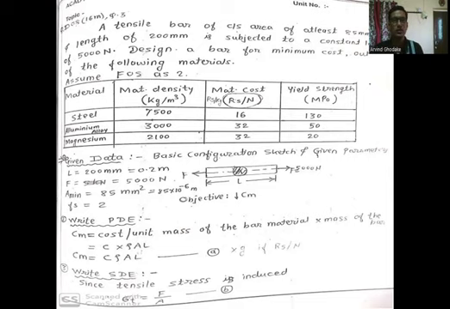Mass density is given for the 3 materials. Then material cost in rupees per kg is given, and yield strength in megapascal is given. So the first step is the given data, basic configuration sketch and given parameters. So length is given 200 mm, that is 0.2 m.